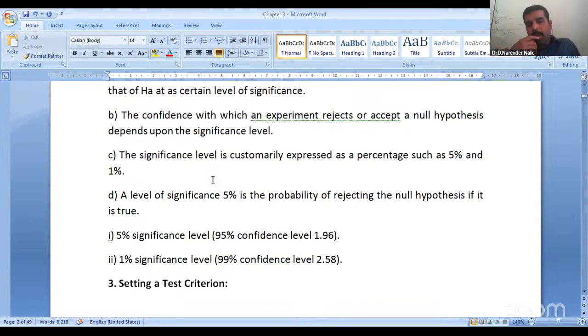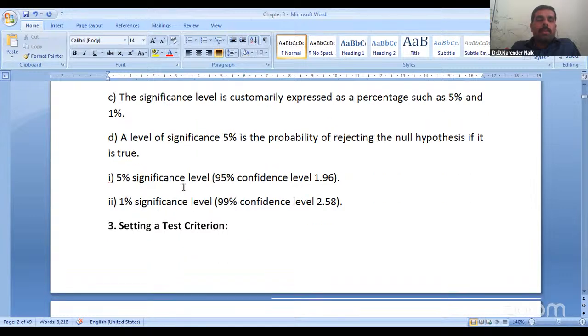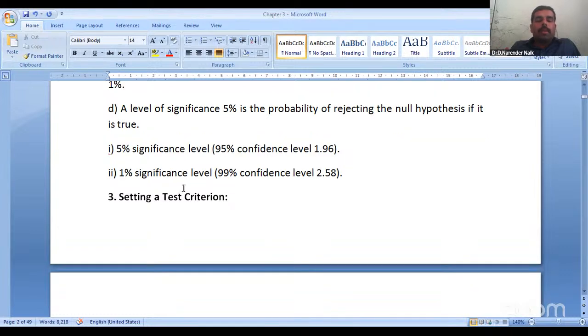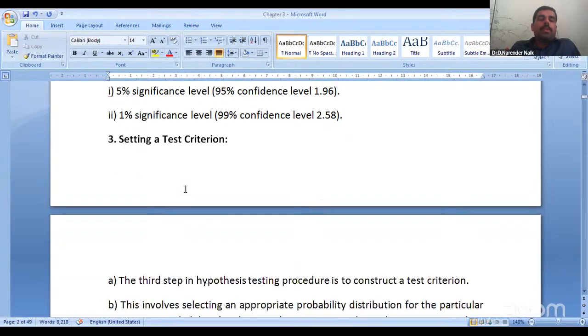Here, a level of significance of 5% is the probability of rejecting the null hypothesis if it is true. So 5% significance level means 95% confidence level, and 1.96 is the table value or critical value, you can say. So 1% significance level means 99% confidence level, that is 2.58 is the critical value.